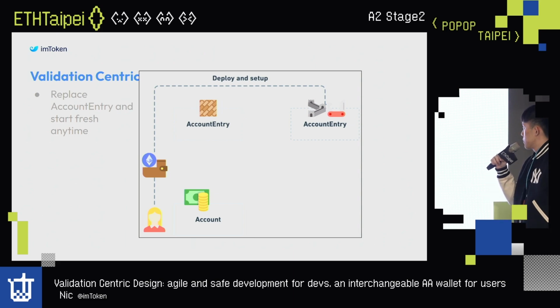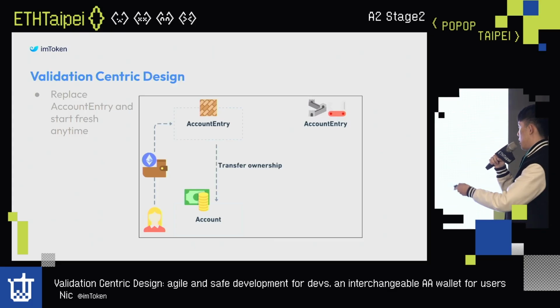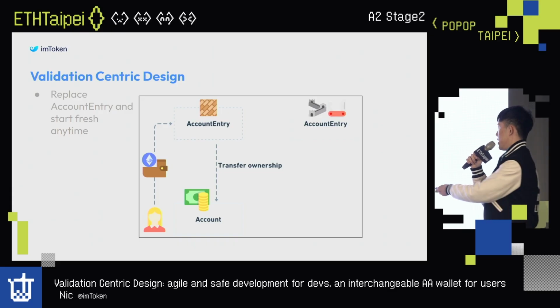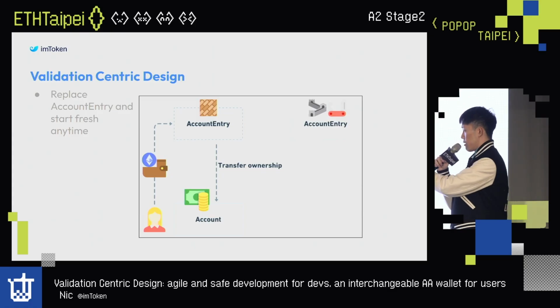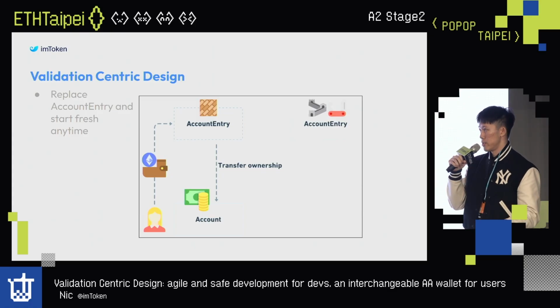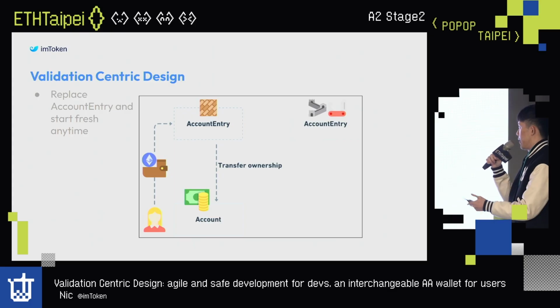Once Alice's wallet deploys and sets up the new account entry contract, she can just send a transaction to instruct the account, with the old account entry contract telling the account that your ownership is changed. Now you will follow orders from the new account entry contract, and then it's done.